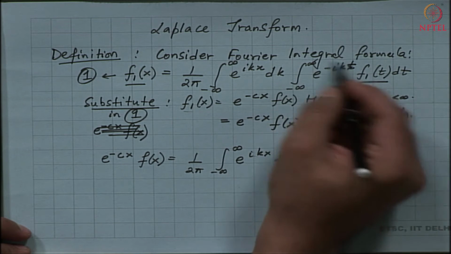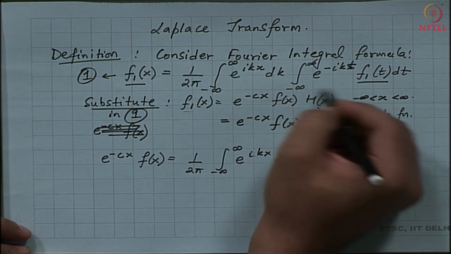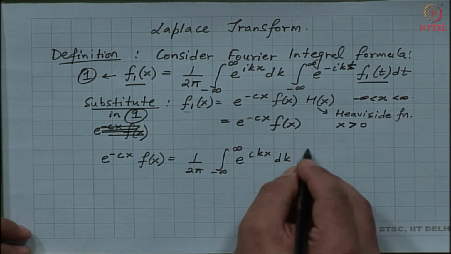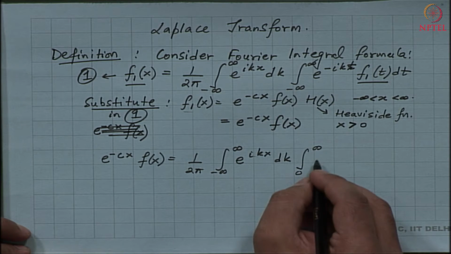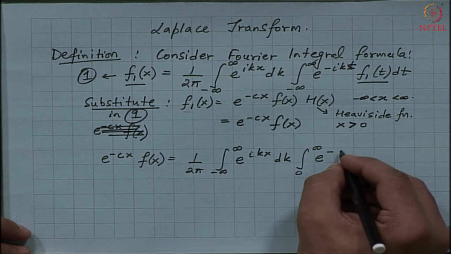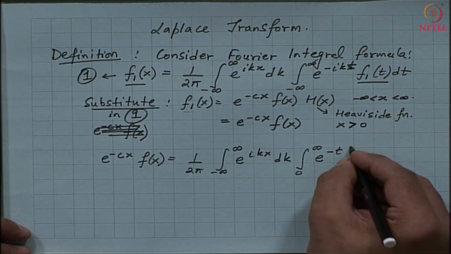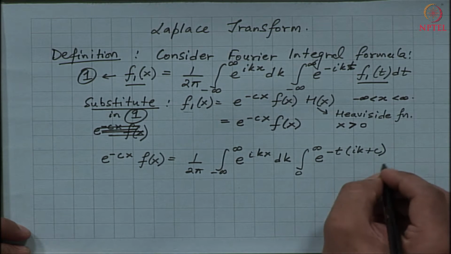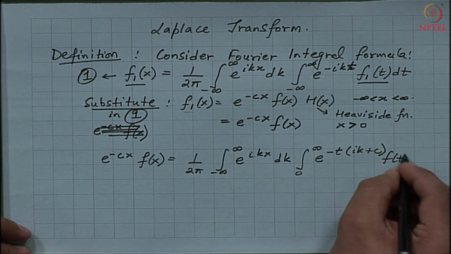So, the second integral will change from negative infinity to infinity to 0 to infinity because of the Heaviside function. So, I have 0 to infinity, e to the power minus t times i k plus c, f of t dt.